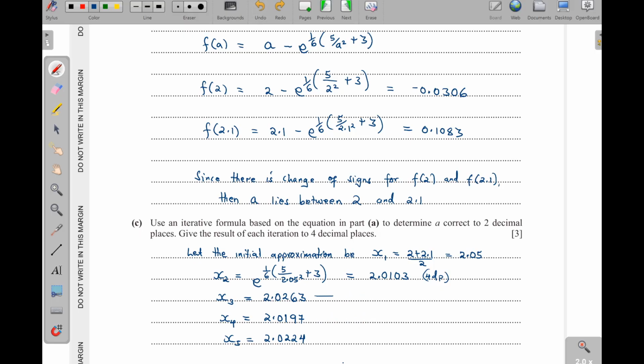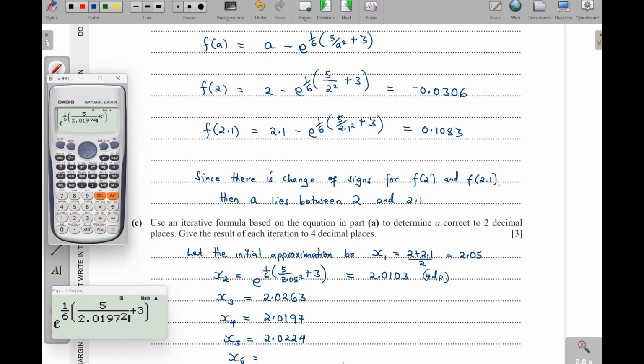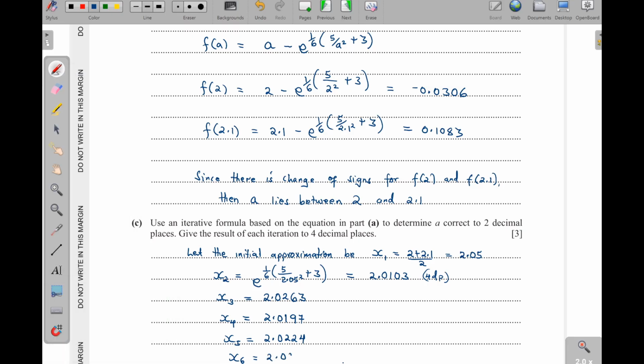So x6 here is going to be, with 2.0224, this one gives us 2.0213. You see that?